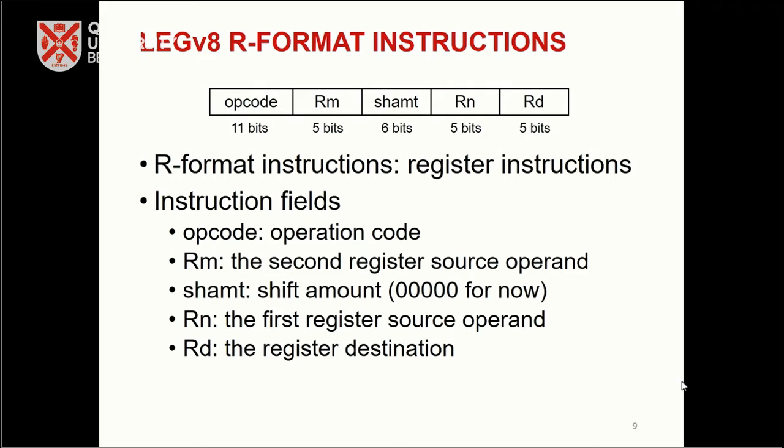It's just that the author decided that argument 1 was N and argument 2 was M. So in the addition, operand 1 will be in register N, and operand 2 will be in register M. And then here there is a field which is called shift amount, and for now it will be just 0. Okay? So we are going to see an example of this later.